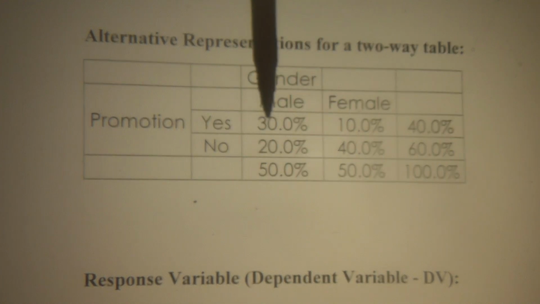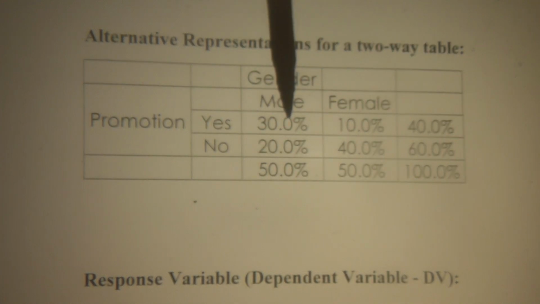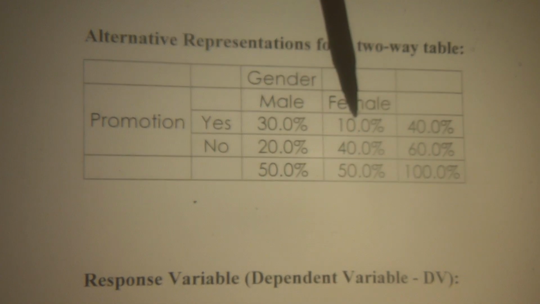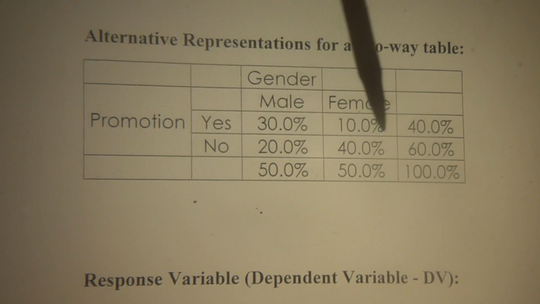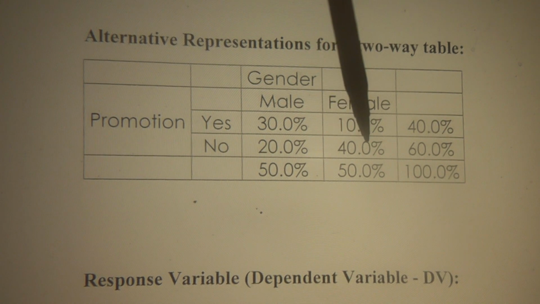This one is 300 divided by 1,000, that is 30%. This one is 100 divided by 1,000, which is 10%. This one is 200 divided by 1,000, which is 20%. This one is 400 divided by 1,000, which is 40%.